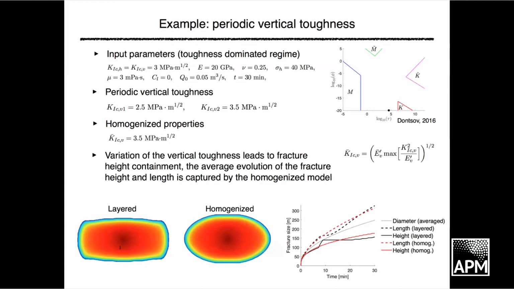And again, we run simulations for layered and homogeneous material using the planar model, and we see that the fracture size in terms of length and height match very well. Again, the homogenized is red, solid and dashed, and the layered is black. So the bottom line is that thin layers can actually arrest the vertical height growth, and if you do homogenization, we can capture this.